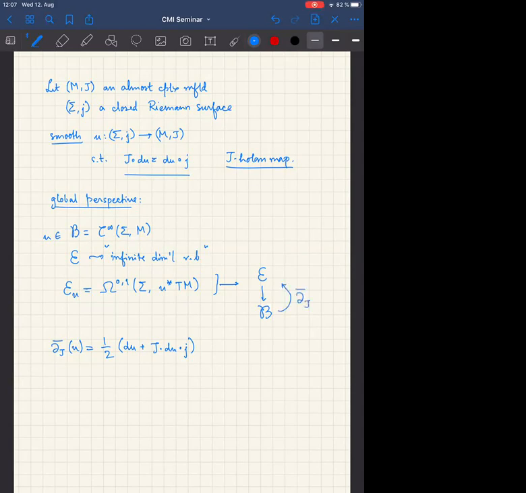And we have that the J-holomorphic maps, which I'll denote like this, are precisely the zero set of this section. That is the points in the base which are mapped to the zero section of the bundle.